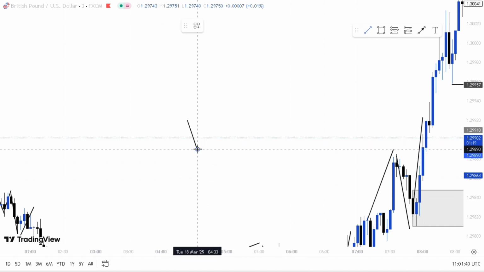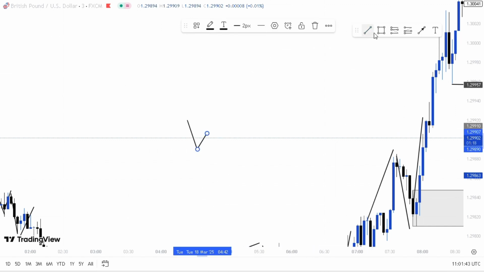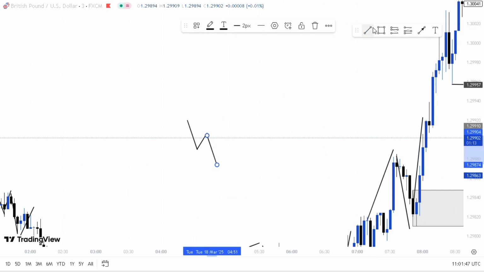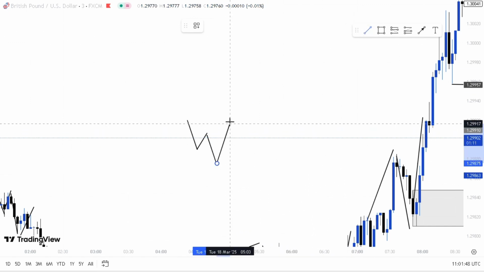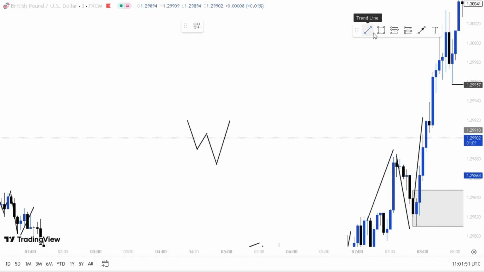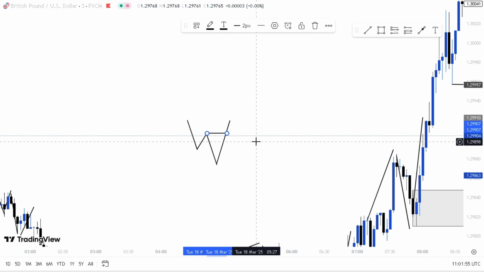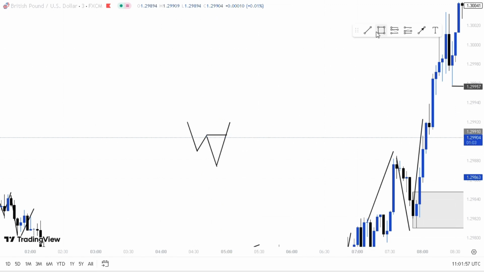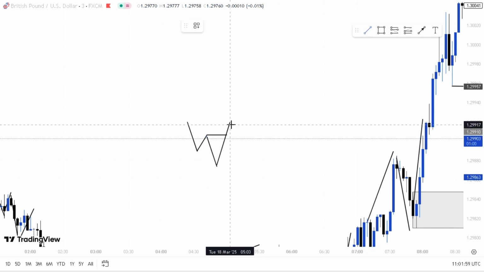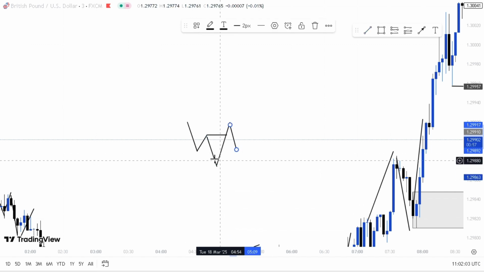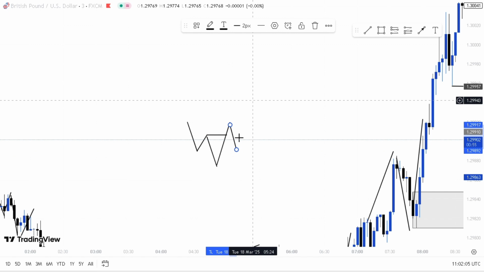Created a low, created a lower high, created a new low, and then created a higher high, breaking that, causing us now to be looking bullish in a bearish market. It's a market structure shift right there. As you can see, it won't break this low if it is to continue up.